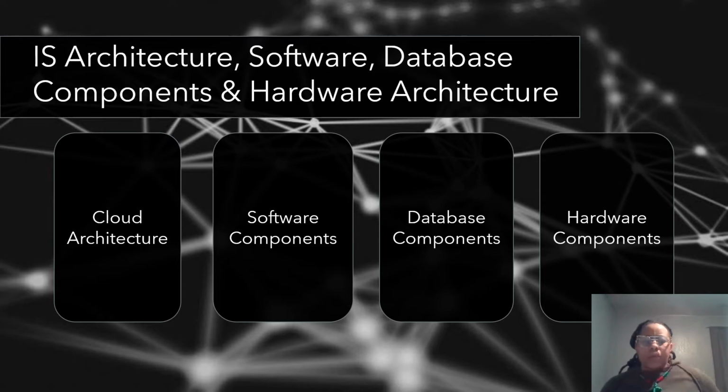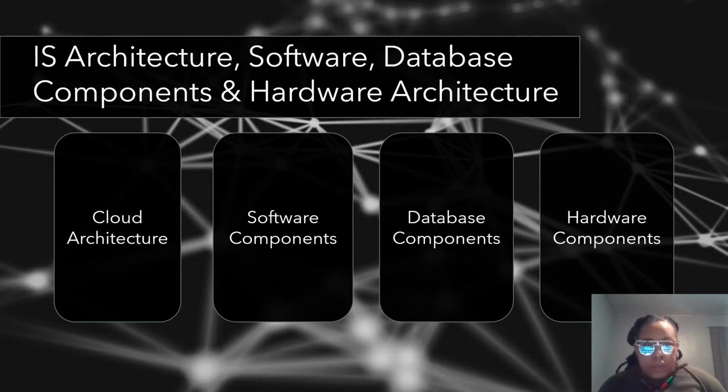The next thing that we talked about was the information system architecture, the software, the database components, and the hardware architecture. When it came to the architecture, I chose the cloud architecture because it is easily scalable, it's dynamic, and it's low cost.